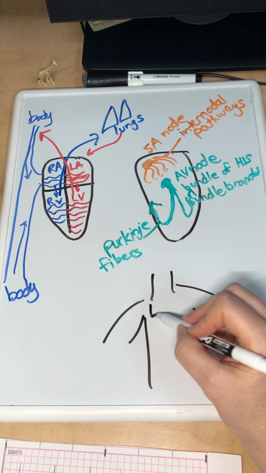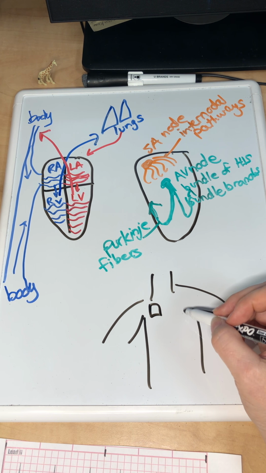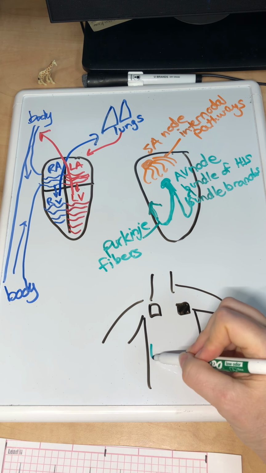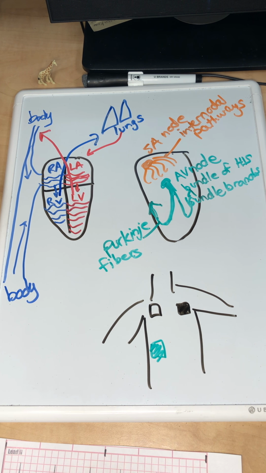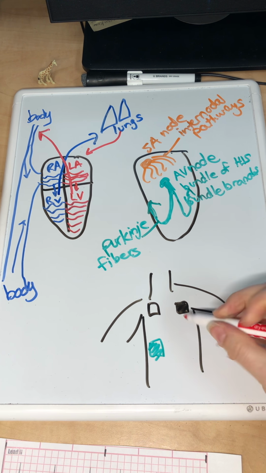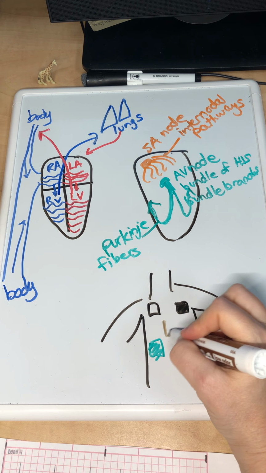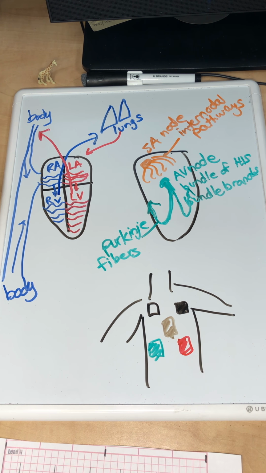We have the white lead here, the black lead here, we have the green lead here, and the red lead here, and then our brown lead here in the middle, okay? And we put those leads on the body and we get a picture.